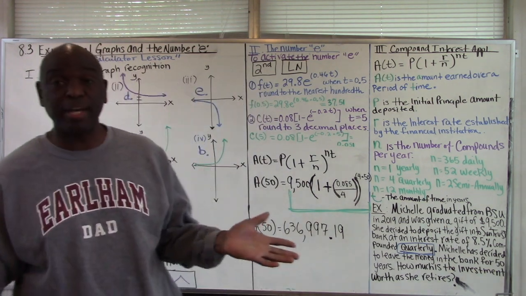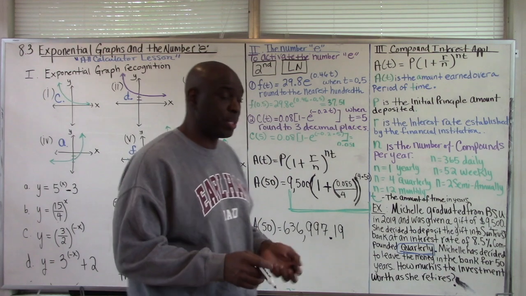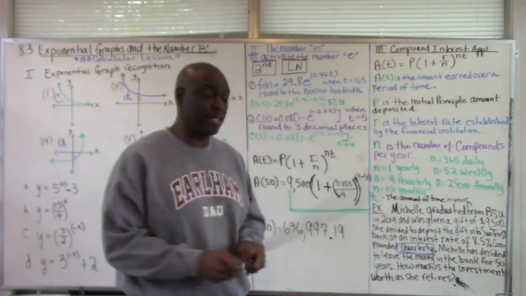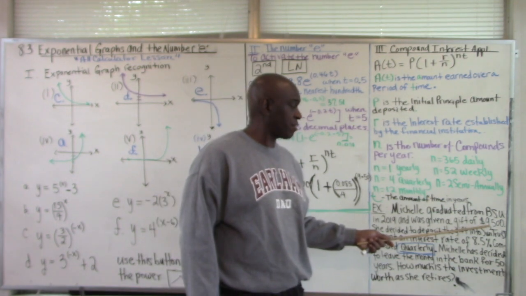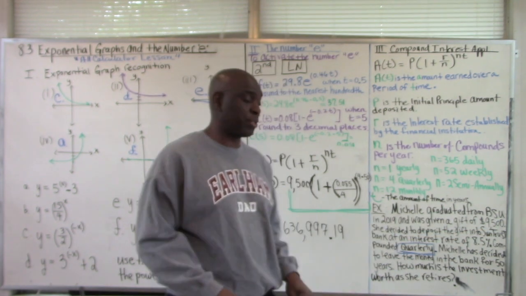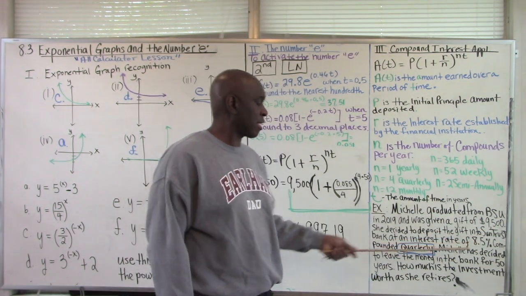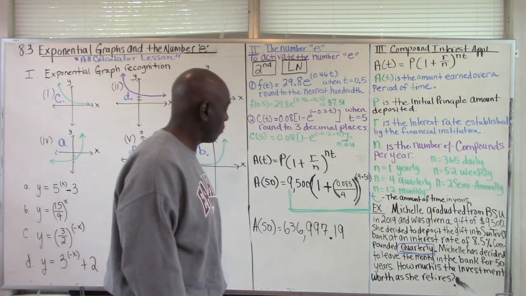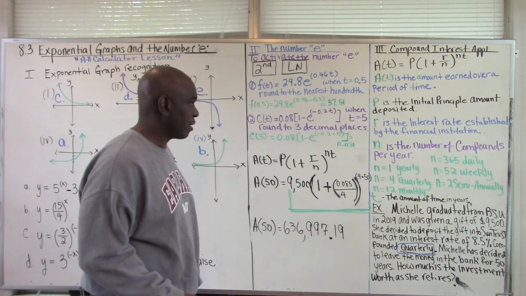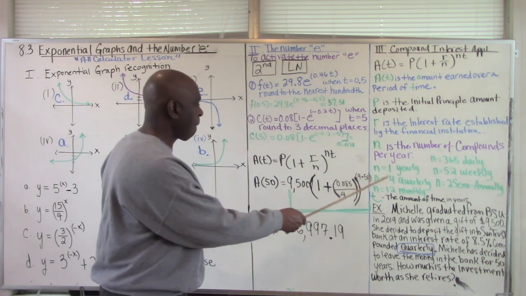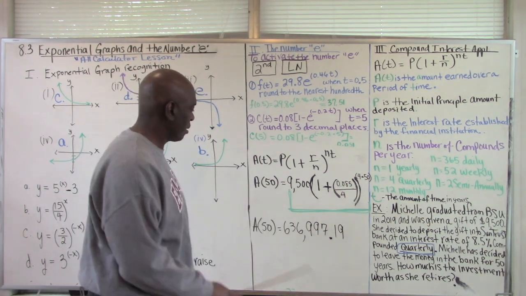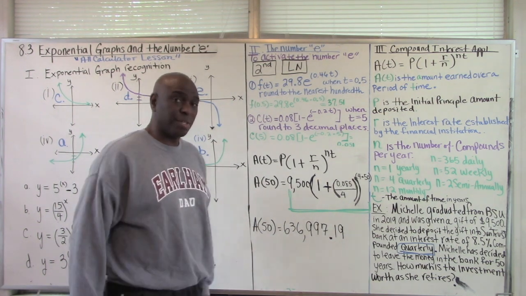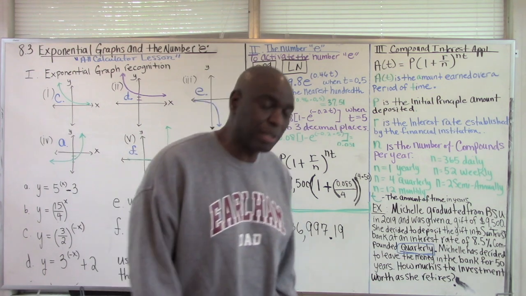That's how much money she'll have after 50 years of putting $9,500 away. If you take her $9,500, put it in SunTrust at this interest rate, compounded quarterly, every 4 months, then she would have at the end of her 50 years over $600,000.